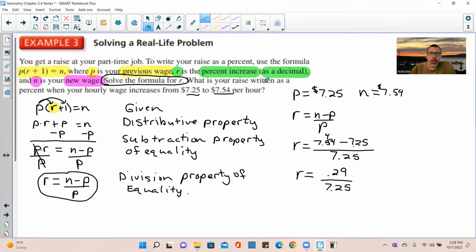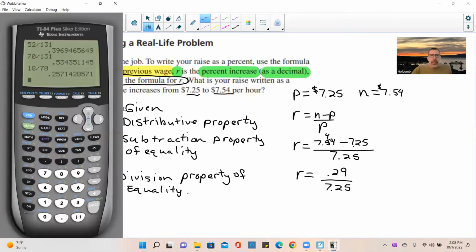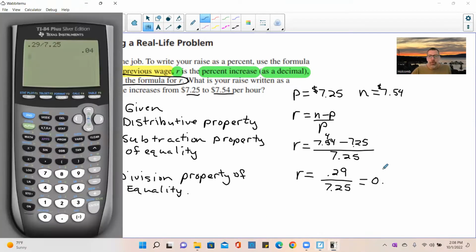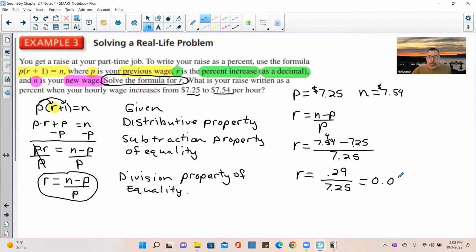So it says, what is your raise written as a percent? So now that I have 0.29 over 7.25, I can go to my calculator. And I take 0.29 divided by 7.25, and that equals 0.04.